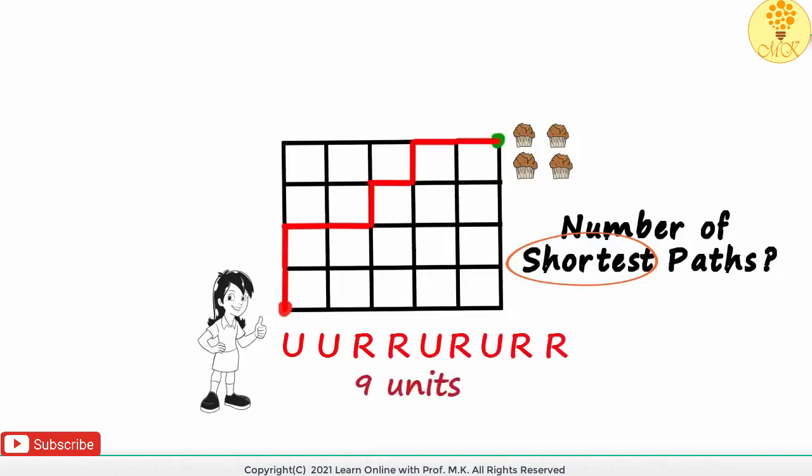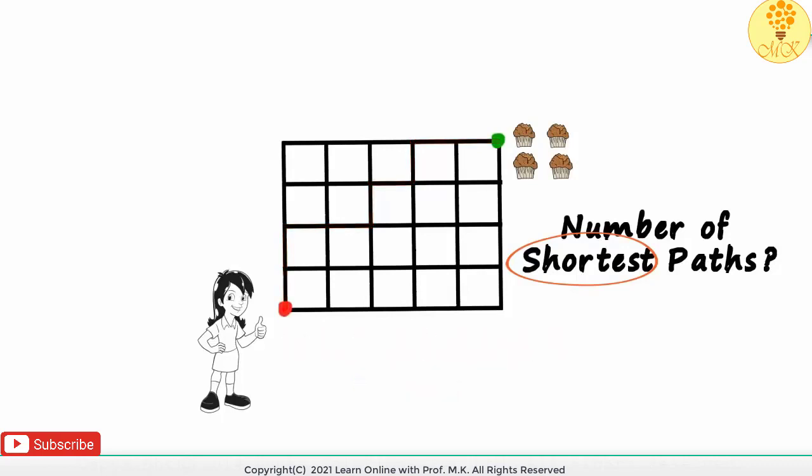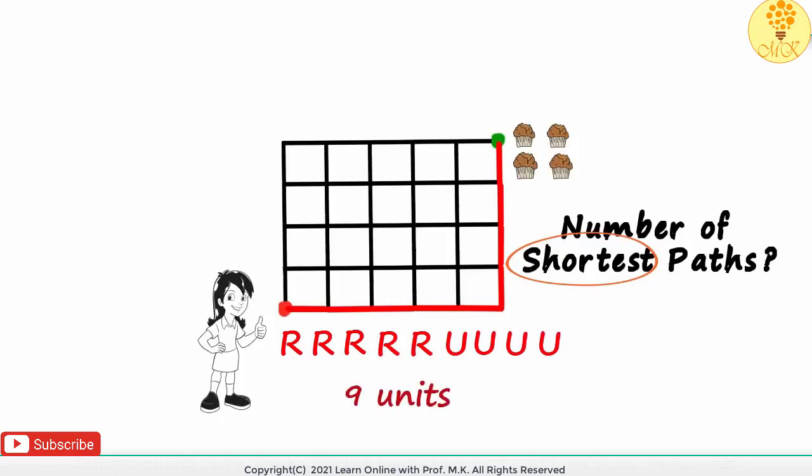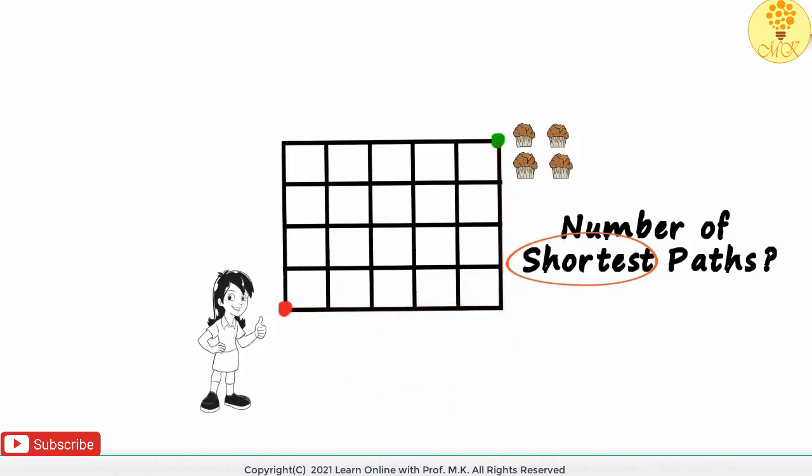Again 9 units. Now let's look at the earlier paths that had crossed our minds as the shortest paths. Right, right, right, right, right, up, and up. Again, 9 units. We had also thought of up, up, up, up, right, right, right, right, right. The shortest path will cover 9 units.